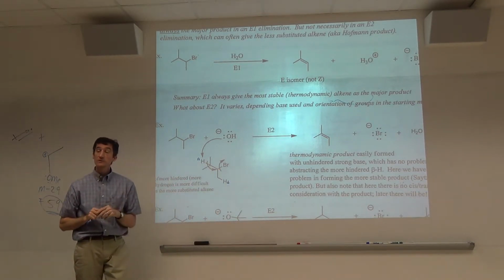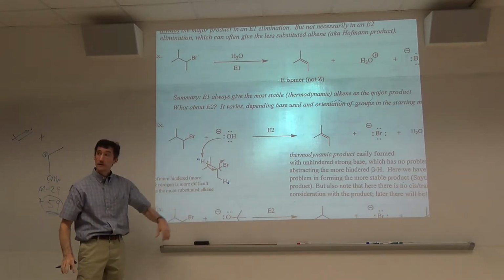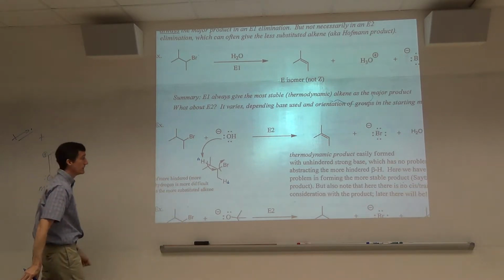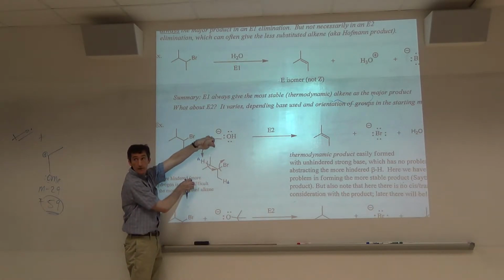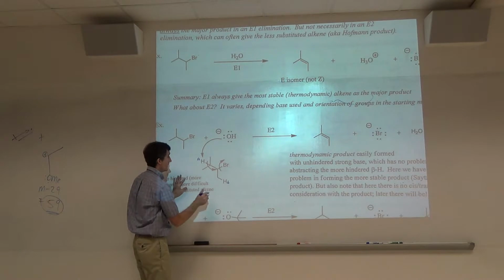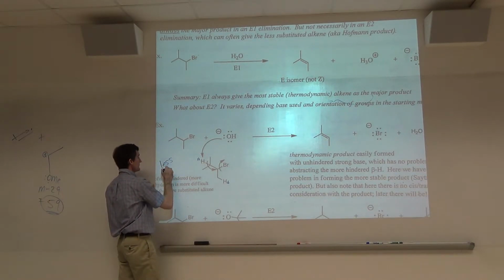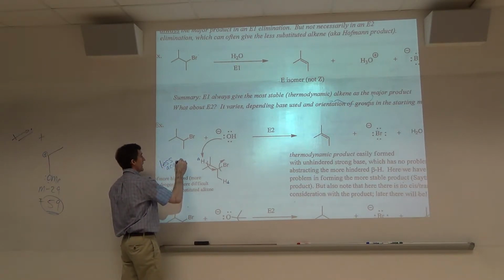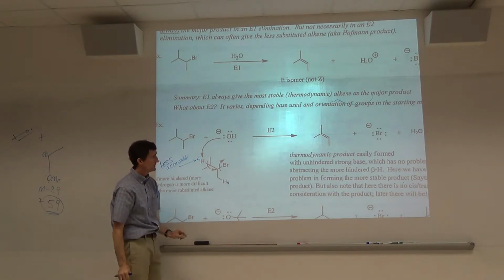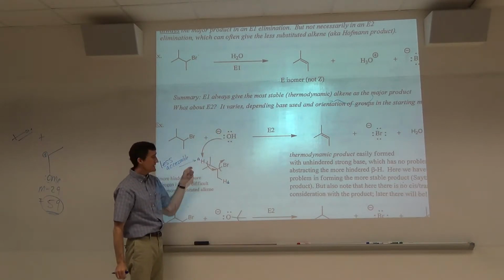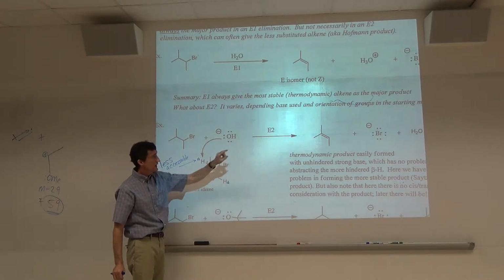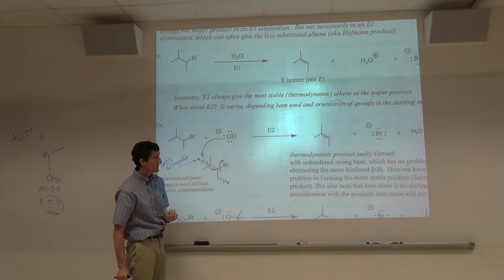Which H is more accessible to the base, A or B? B is more accessible. A has these other groups around it. That's the less accessible H. A small base doesn't have any problem taking the least accessible hydrogen to make the Zaitsev product.